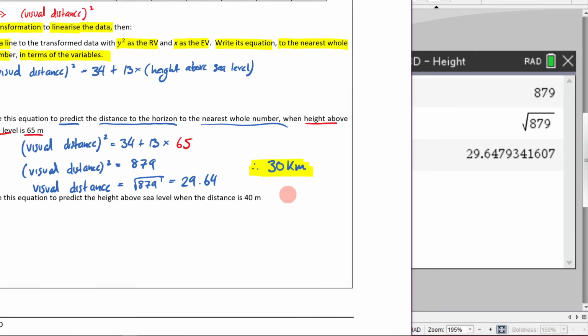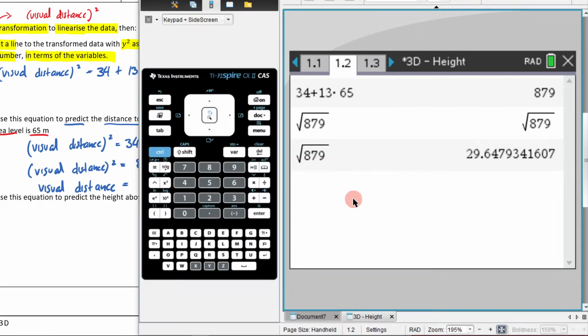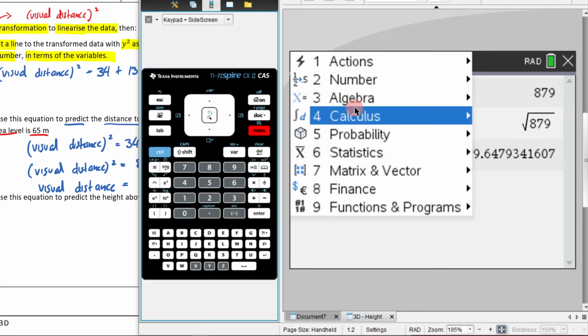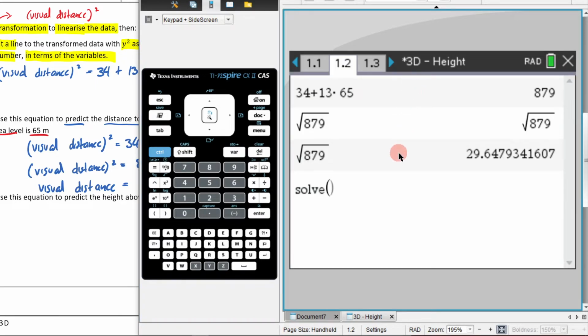As you can see there was that extra step of square rooting. Now there is a way to get around it. The way to get around it is to use your solve function. So go menu, algebra, solve. I've got the visual distance squared, so that's y squared is equal to 34 plus 13 times 65, and I'm solving it for y.